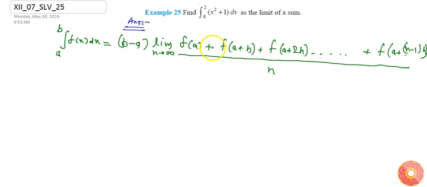These are the n terms in the numerator of the limit.